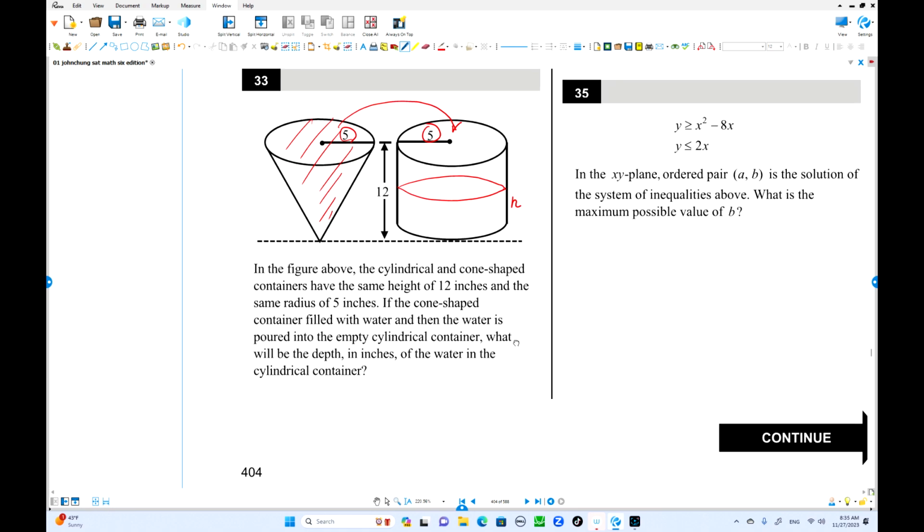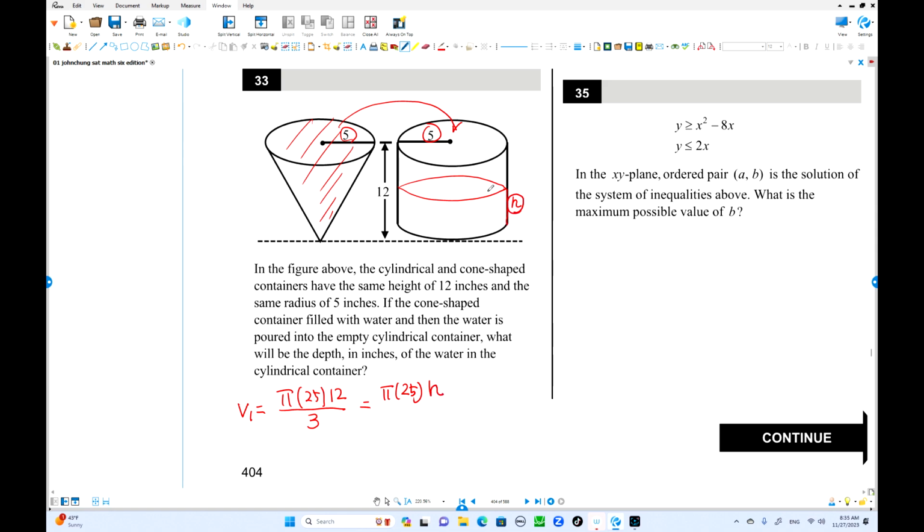So now let's set up the equation. The amount of water equals the cone's volume: pi times r squared, which is 25, times the height, 12, divided by 3. What about the cylinder? Pi times the base area is the same thing, 25, times the height h.